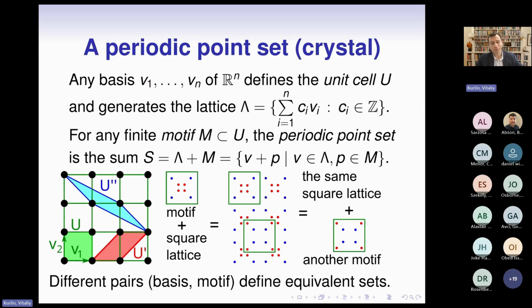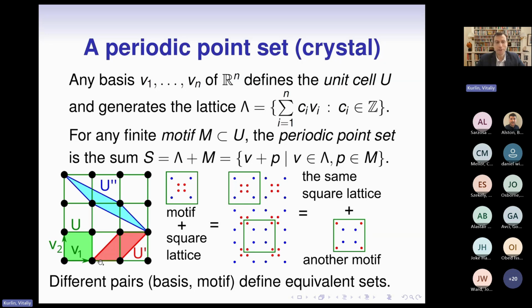If you open any crystallographic textbook, you will probably find a definition similar to the following. We start from a basis in Euclidean space, for example, a couple of orthonormal vectors in the plane. This basis spans the unit cell and also generates the periodic lattice consisting of all integer linear combinations of basis vectors. That's how we get a lattice.